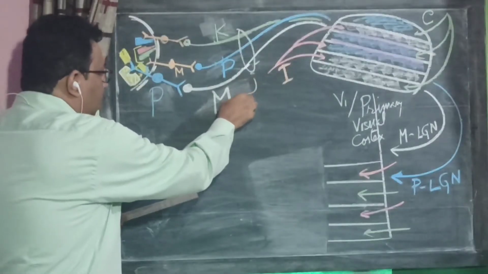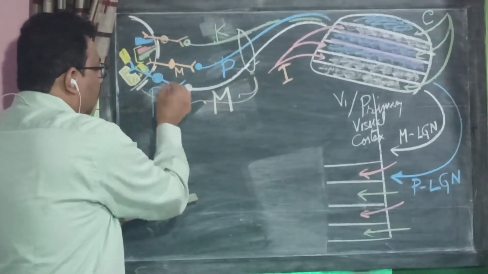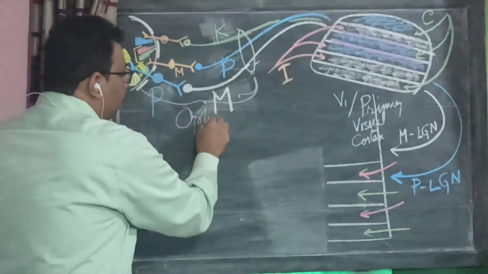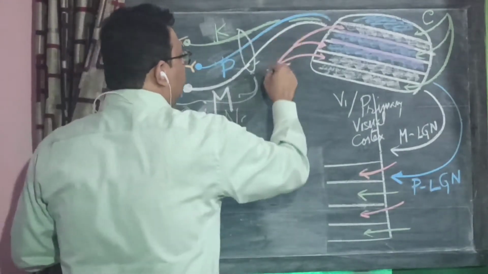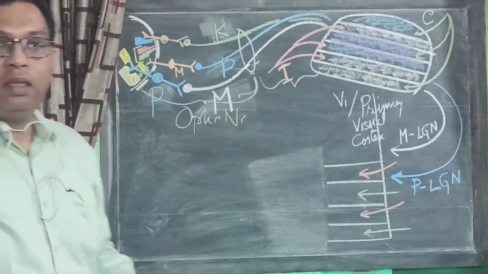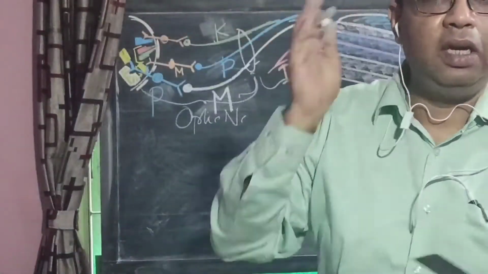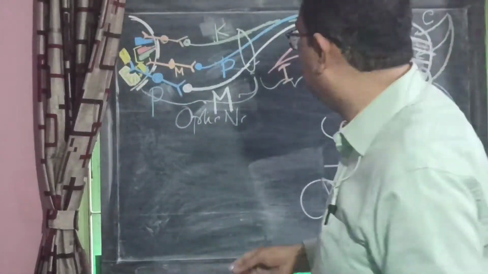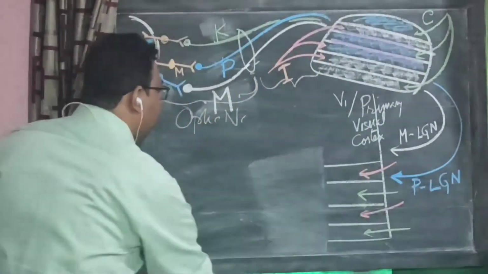Here to here is the optic nerve, and from here to the lateral geniculate body, after there is convergence of ipsilateral temporal fibers and contralateral nasal fibers, you will have the optic tract.